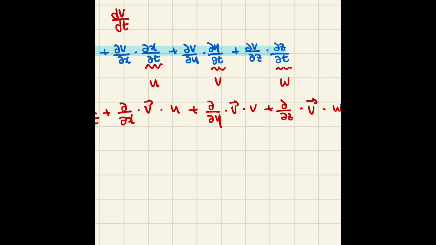So we can rewrite this in terms of the gradient vector because it contains partial x, partial y, and partial z. And you can see that for each variable, the velocity function is added, right?